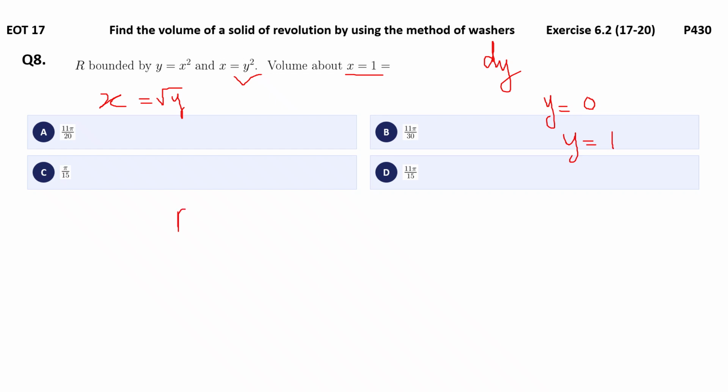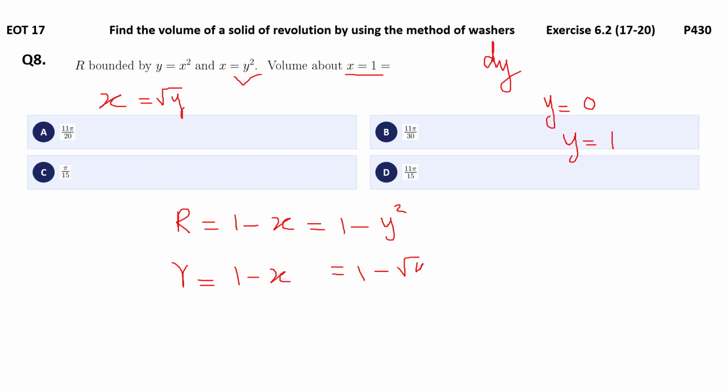Now what about your outer radius? Outer radius is nothing but 1 minus x, which is a polynomial function, so 1 minus y squared. When you focus on the inner radius, it is 1 minus x, and that is 1 minus root y.